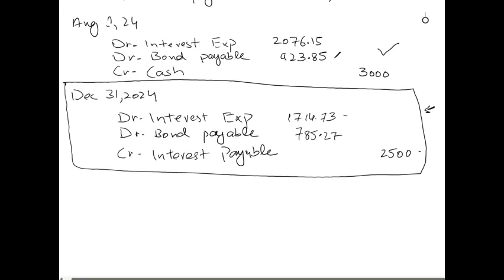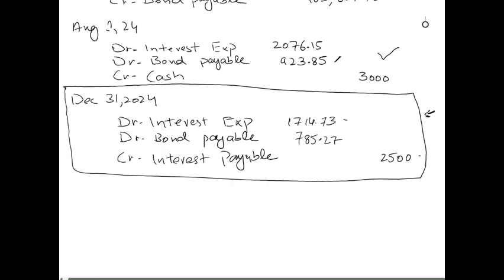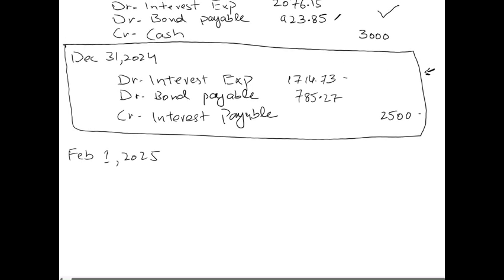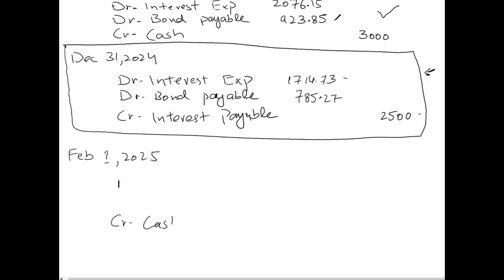Now the next entry is, so what entry are we going to do on February 1st, 2025 then? At this point, we will record a credit to cash, obviously, because now we are making the actual payment, which will be the $3,000 interest payment.